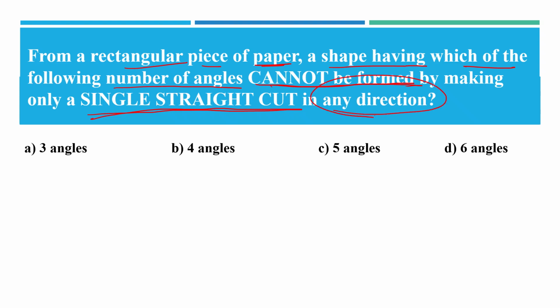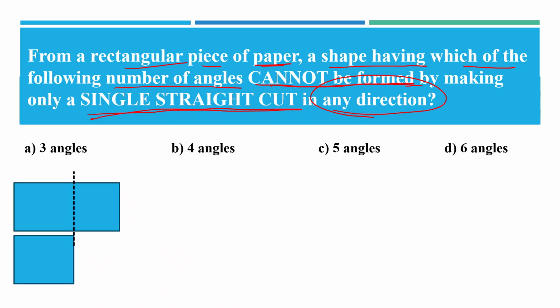So let us imagine a rectangle. Let's have a vertical cut, and we have a smaller piece, still a rectangle, and we have 1, 2, 3, 4 angles. So 4 angles can be formed. So this is not the option we are looking for.